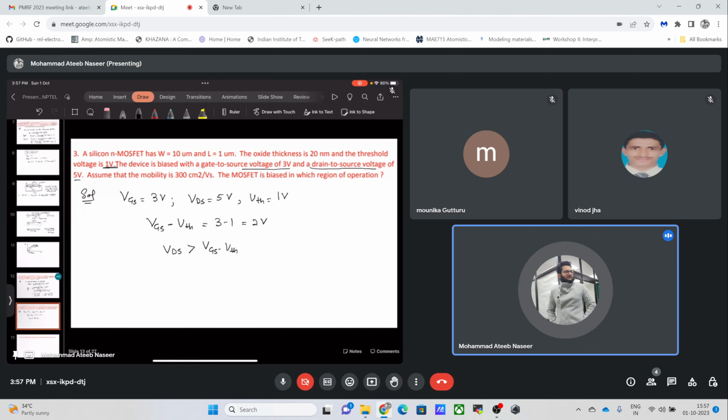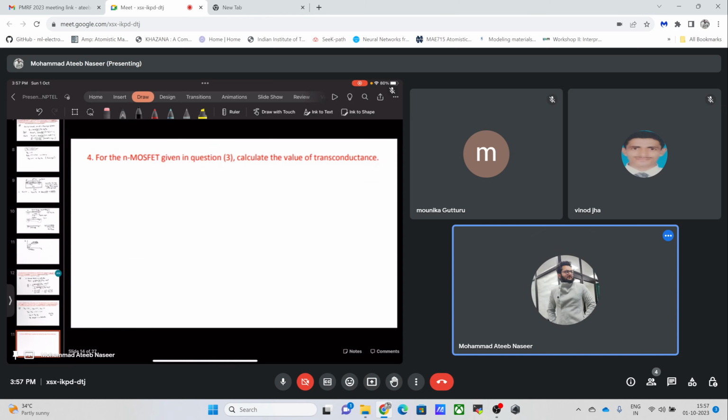So it would mean the MOSFET is in saturation, because VGS was greater than VTH, 3 is greater than 1, and also VDS was greater than VGS minus VTH. So the MOSFET is in the saturation region.